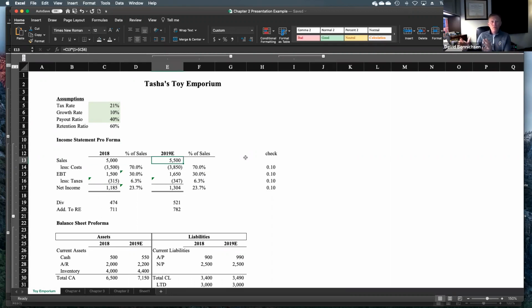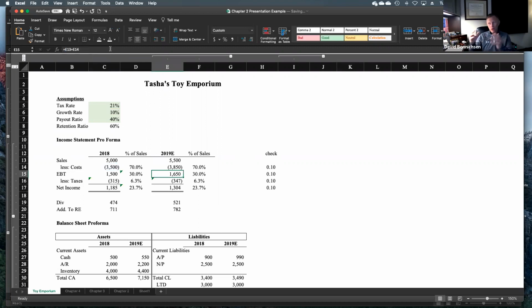Therefore, my full year projection of sales for Tasha's Toy Emporium is now 5,500. We're growing our business by 10% over what we did the prior year. And since things move in relation to sales, our costs will also go up by that same 10%.